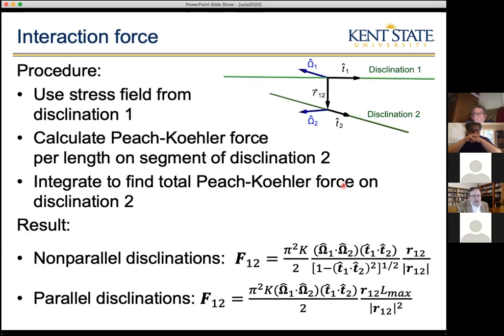The idea there is if we have two disclinations, we can take the stress field from disclination number one and say, well, let's evaluate that stress field at the position for some little segment of disclination number two and see what force it experiences. And then we can integrate along disclination number two to get the total Peach-Koehler force experienced by disclination two.